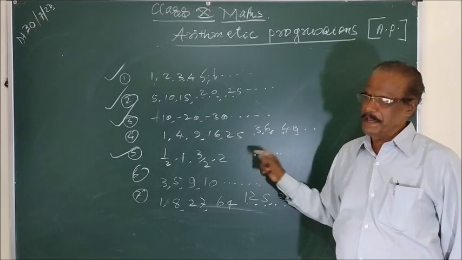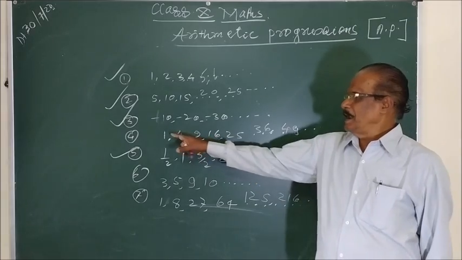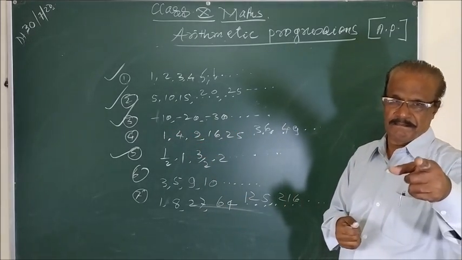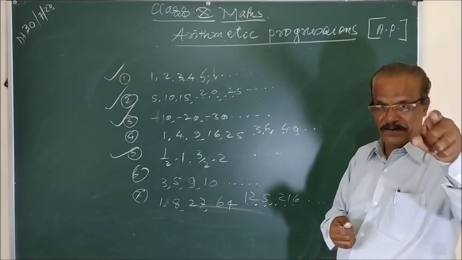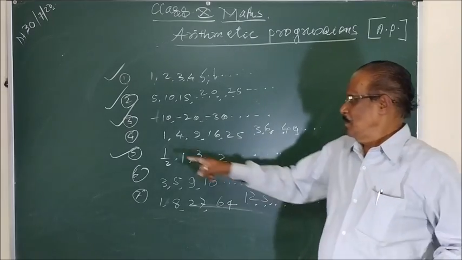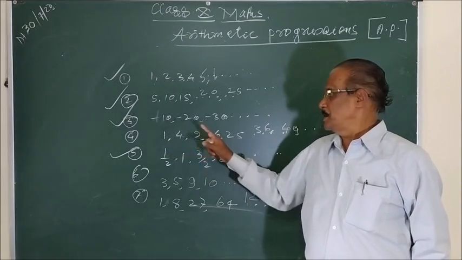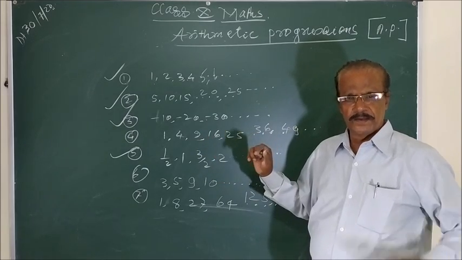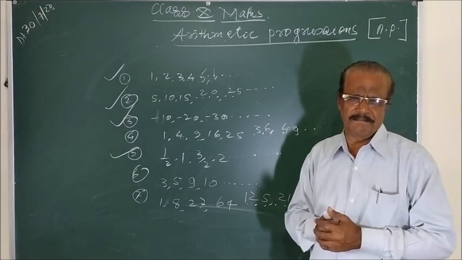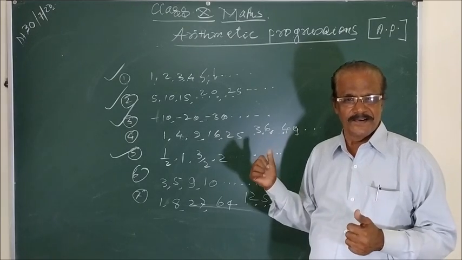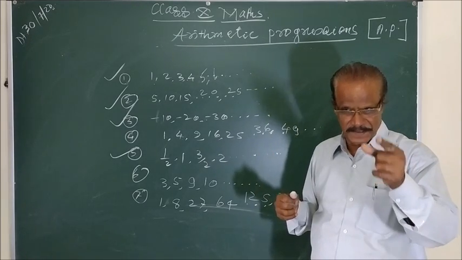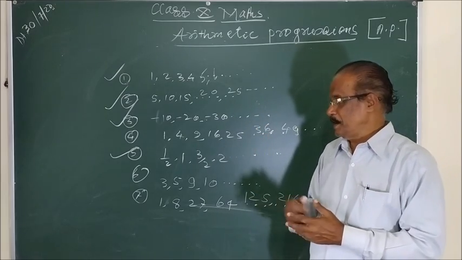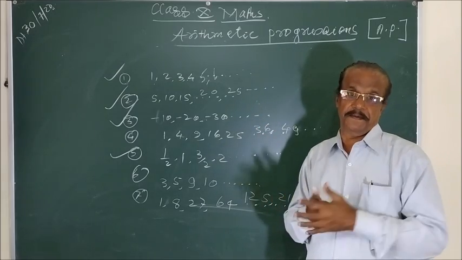The important point here, the number is neither increasing or decreasing by a fixed number. 1 plus 3, 4, 4 plus 5, 9, 9 plus 7 like this. So, not a fixed number. Although this is also a pattern, a sequence, but still they are not in AP.